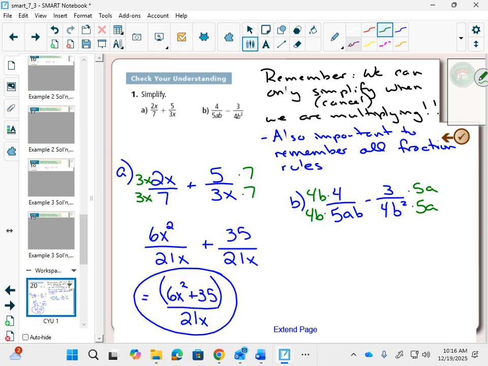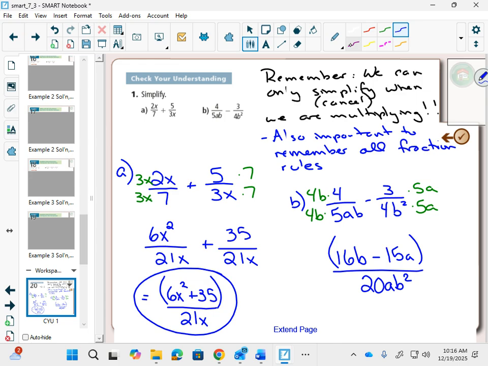This will give me, and sometimes what I'll do when I'm doing these questions is once I know I have my denominator the same, I might write it all over that one right away. You can break it up as two different ones, but now what do I have up here? The first one was 16b, the second one would be 15a. This is grouped together because it's subtracting.